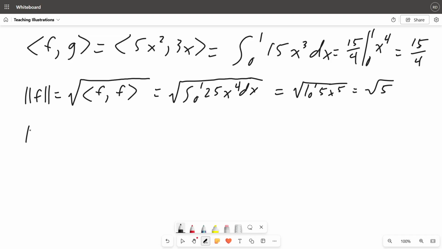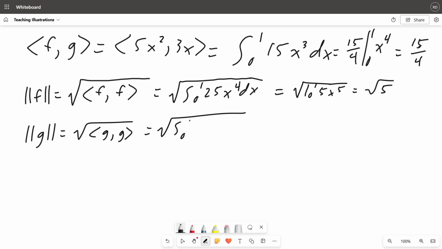And the norm of g would be, most people would save the square root till the end. They would work it out and then take the square root of it once they're done. So that's probably what I will do next time. Square root of 3.